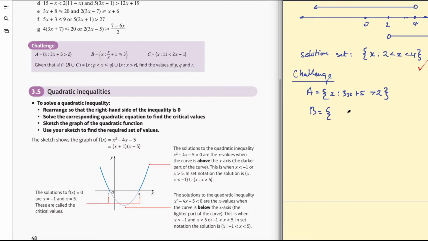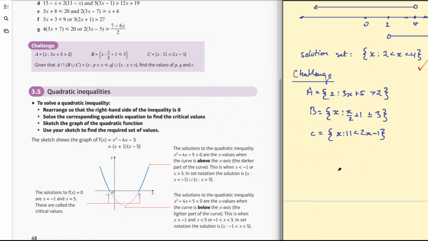Okay, so we have these solution sets. X plus x on 2 plus 1 less than or equal to 3. And 2x take 1 greater than 11.